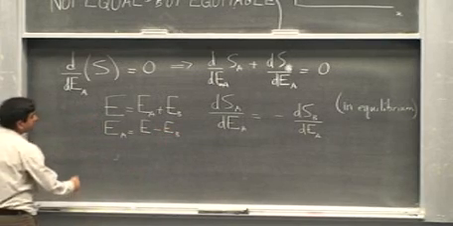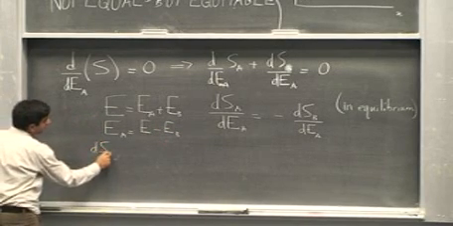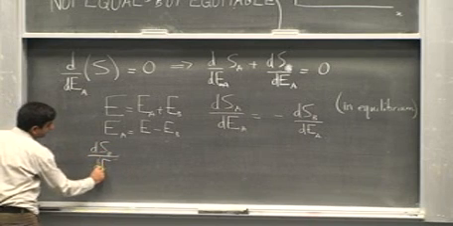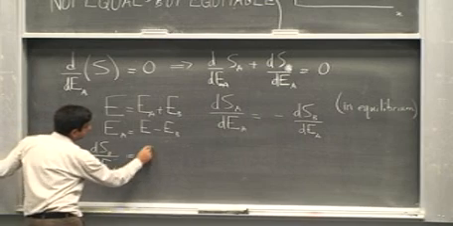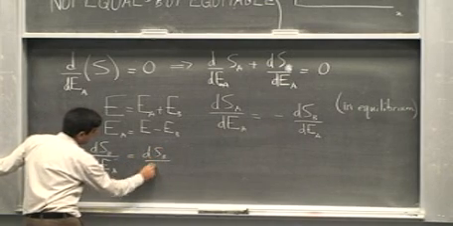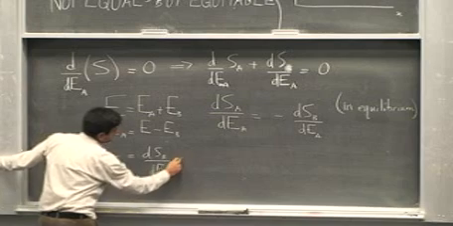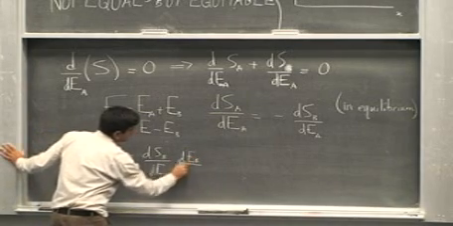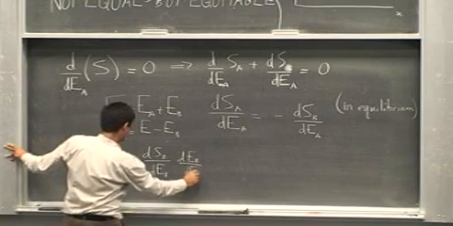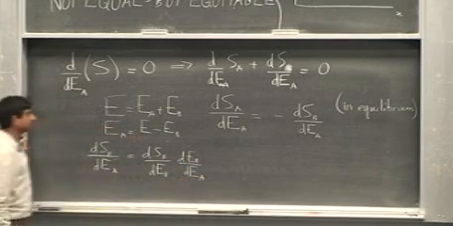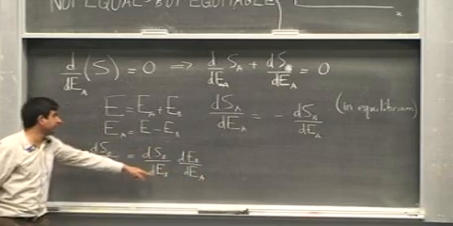This means that dSB over dEA can be written by the chain rule as dSB over dEB, times dEB over dEA. Now what is dEB over dEA?